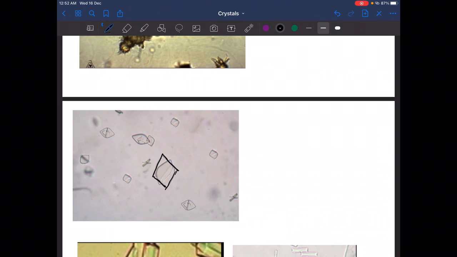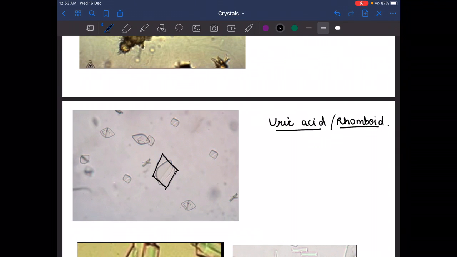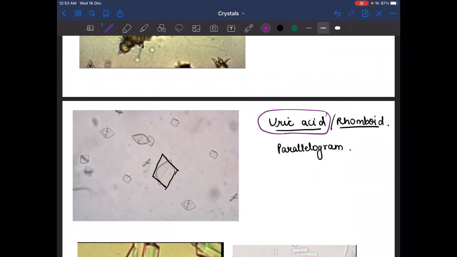But here there are two parallel lines which meet each other, so we can name them uric acid, or we can say they are rhomboid in shape, or parallelogram. So the composition is uric acid and the shape is rhomboid, because two parallel lines meet each other. They are not hexagonal.